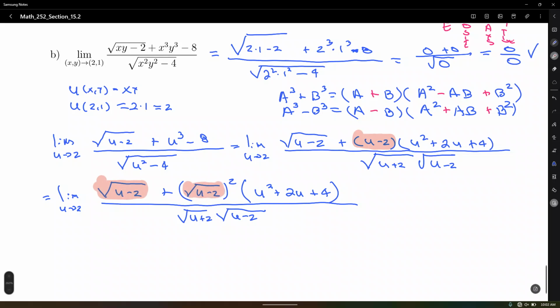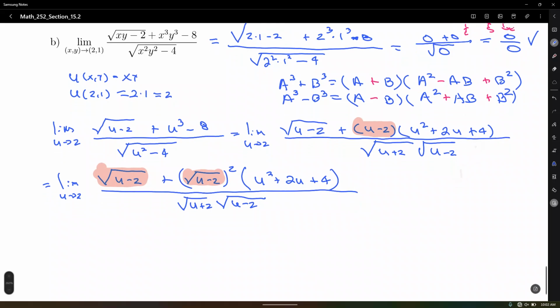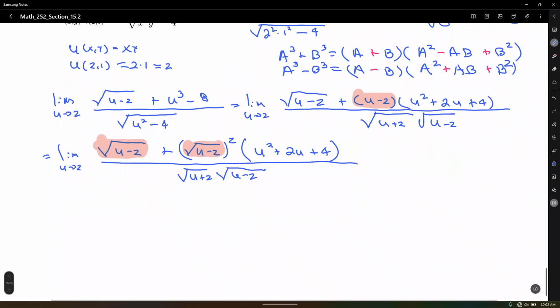So I'm going to factor out, limit as u approaches 2, the square root of u minus 2. Let me open big parentheses here. When I factor this one out, I'm going to be left with a 1.